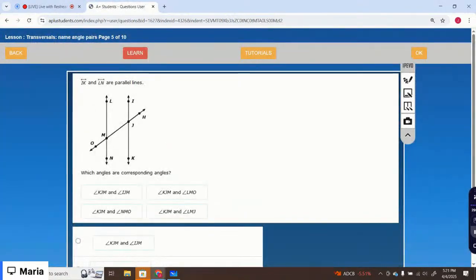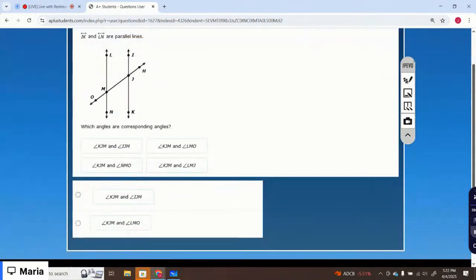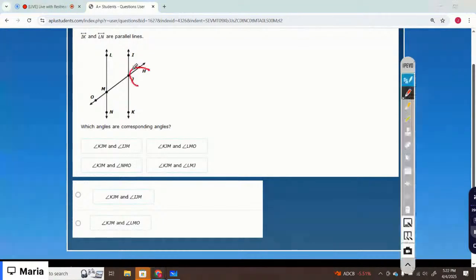JK and LN are parallel lines. Which angles are corresponding angles? JKM, KJM, and IJM. They are not the corresponding angles.